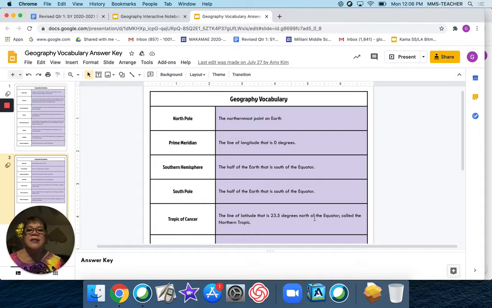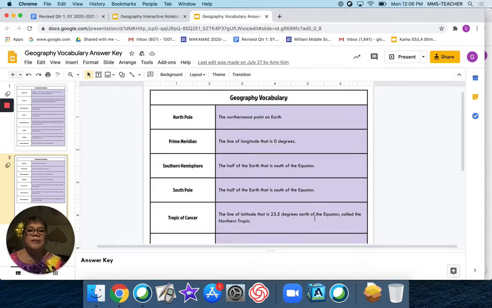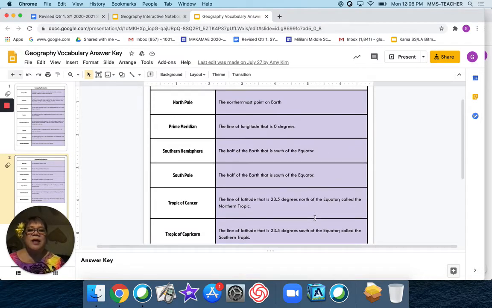Tropic of Cancer. The line of latitude that is 23.5 degrees north of the equator, called the northern tropic.